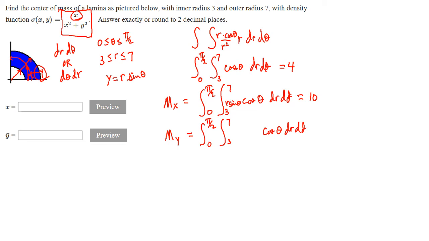But we have to put an x in here, and for x we will use r cosine theta. And then evaluate that integral.